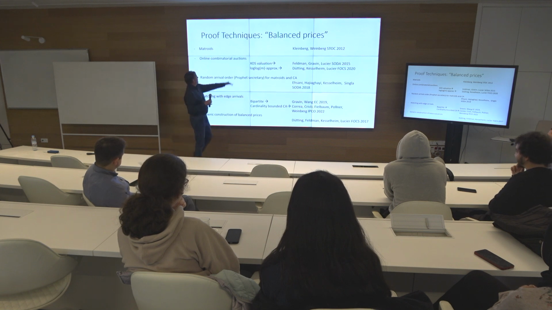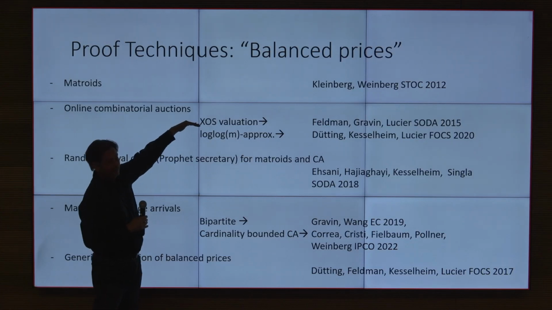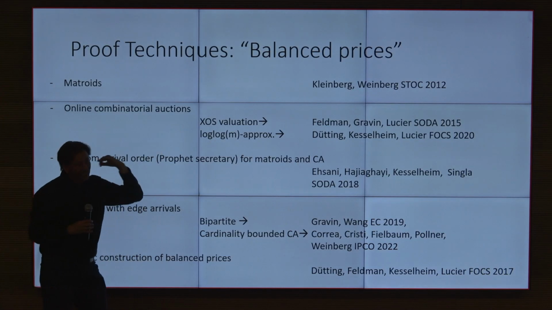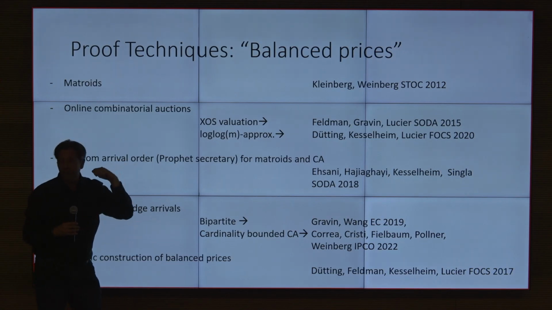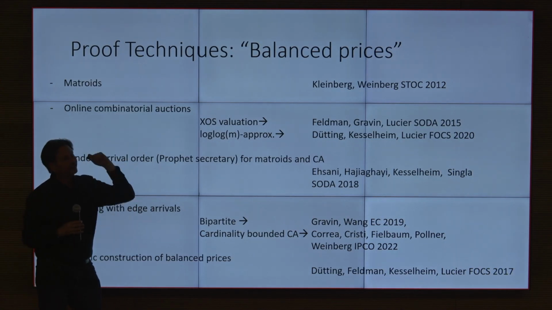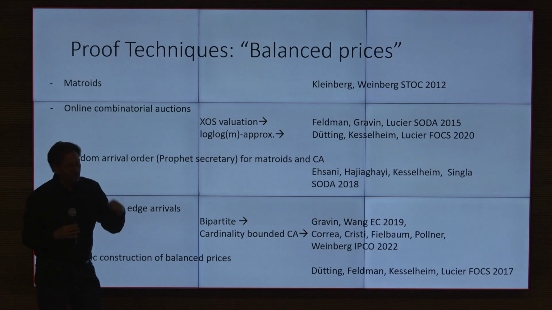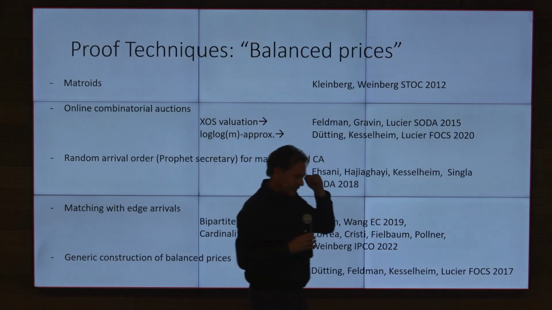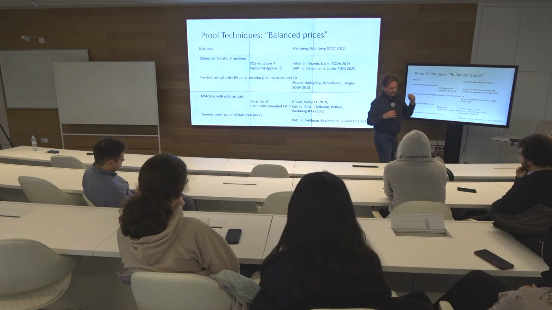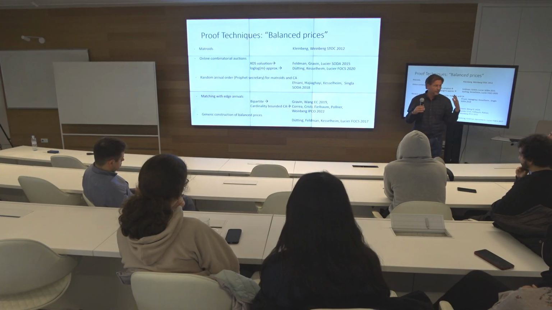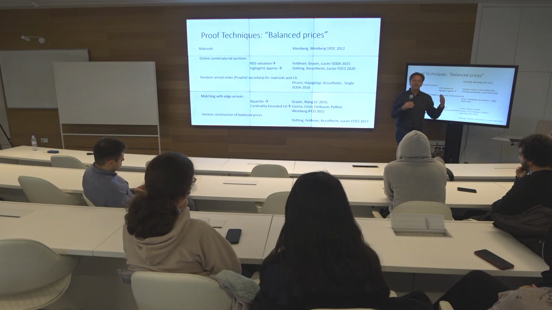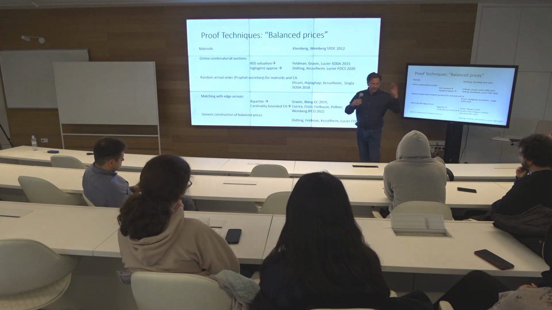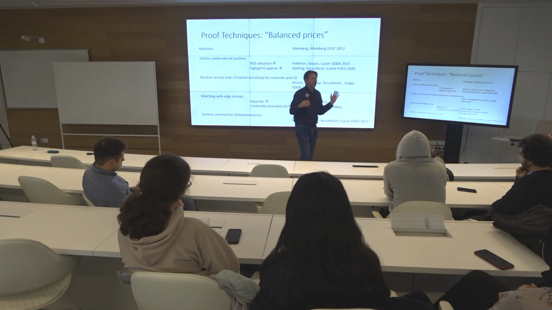For this problem, you can actually extend the same balanced prices idea. You fix prices for each item, and you get the same profit inequality with the same factor. So the welfare of the assignment you collect is in expectation 1/2 of the welfare of the optimal assignment, where you know everything in advance and you solve this hard combinatorial problem.